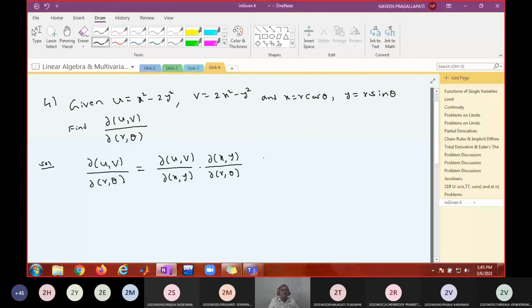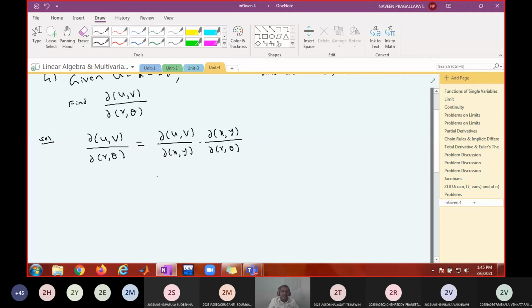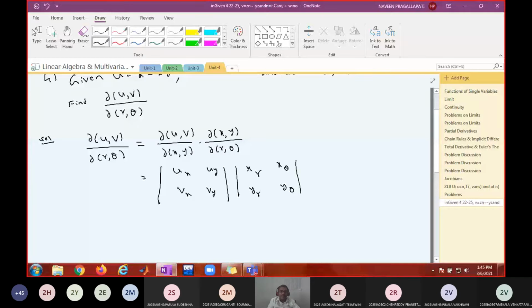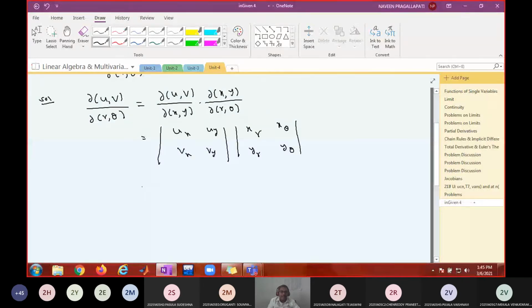Am I right? So write down the Jacobian formula: ux, uy, vx, vy into xr, x theta, yr, y theta. Okay, so find out the two determinants and multiply.